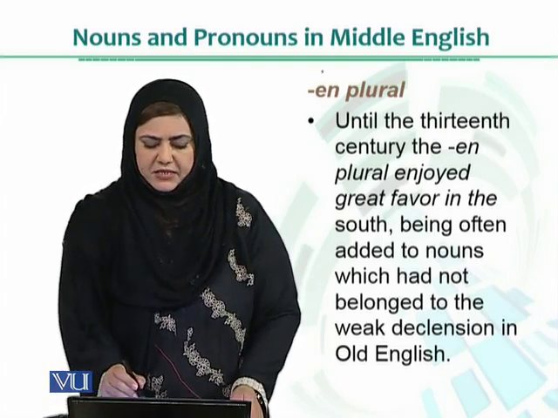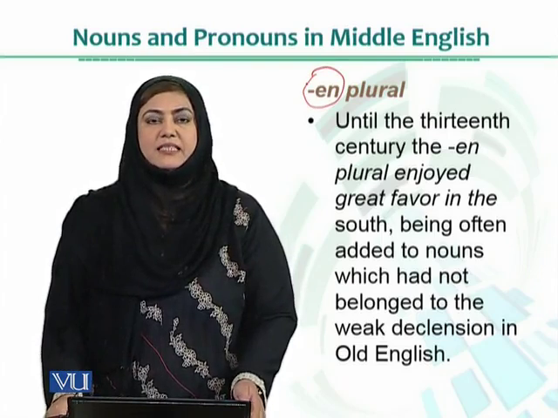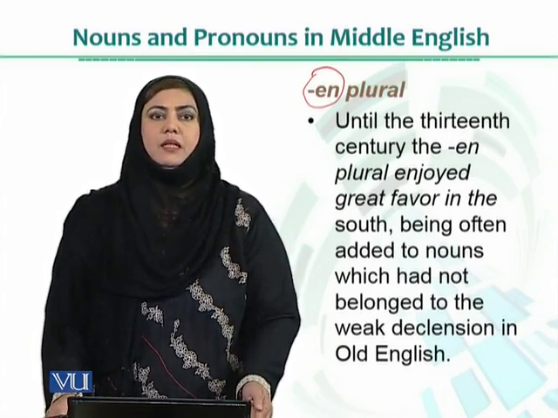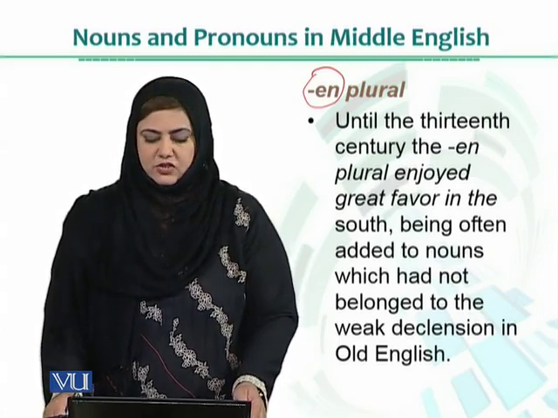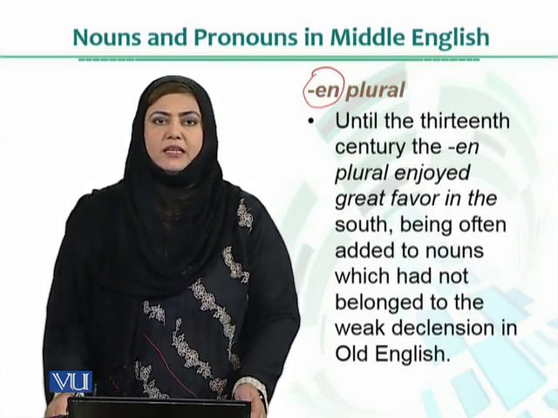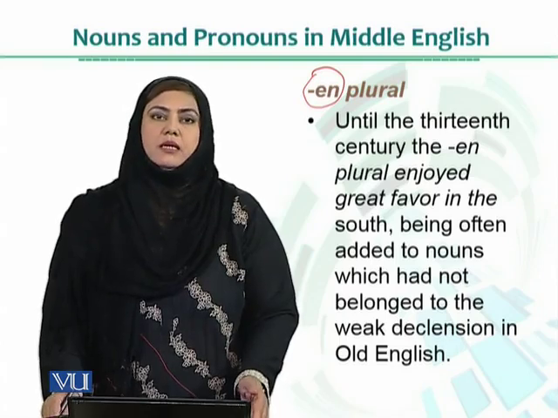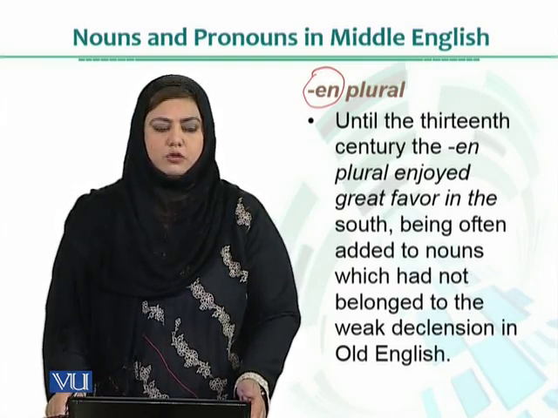As far as the plural marker EN of Middle English times, pronounced as N in, for example, oxen, until the 13th century this plural enjoyed a lot of freedom and popularity, and a lot of words were made using this plural marker, especially for all those weak declensions.